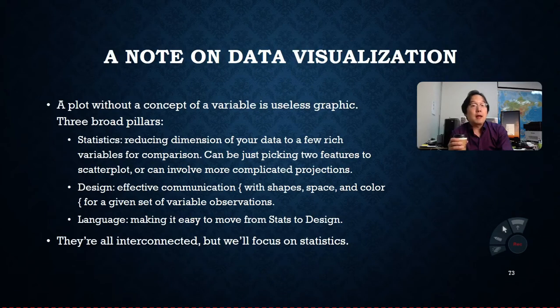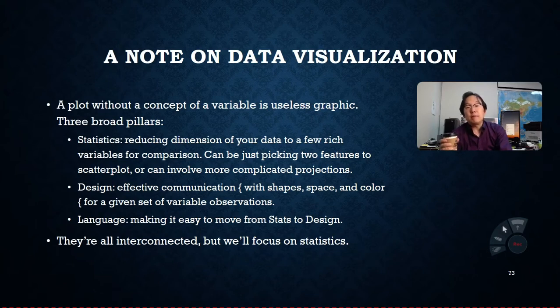A plot without a concept of variable is useless in graphics. Three broad pillars are there, right? Statistics, design, and language. Statistics means reducing the dimension of your data to a few rich variables for comparison.